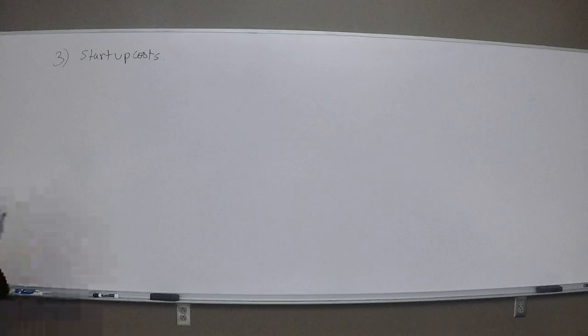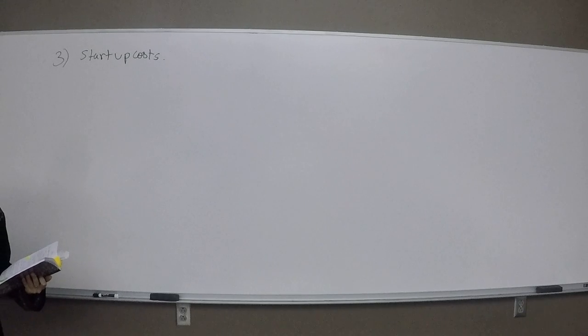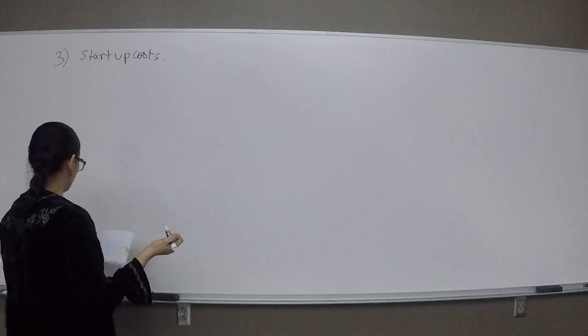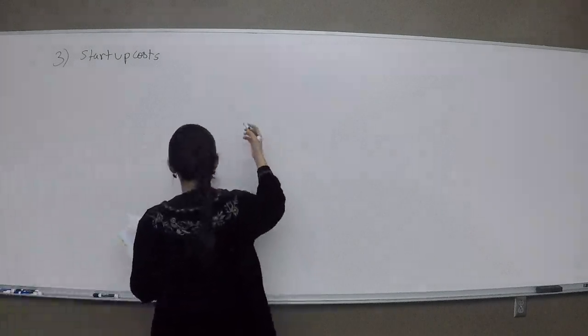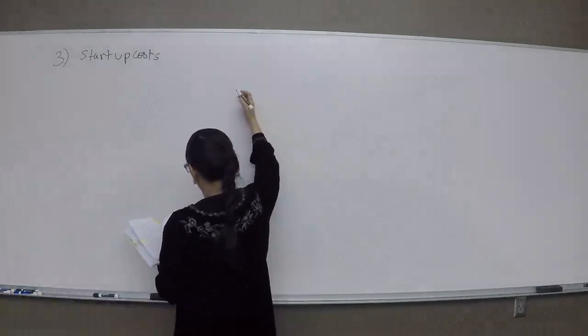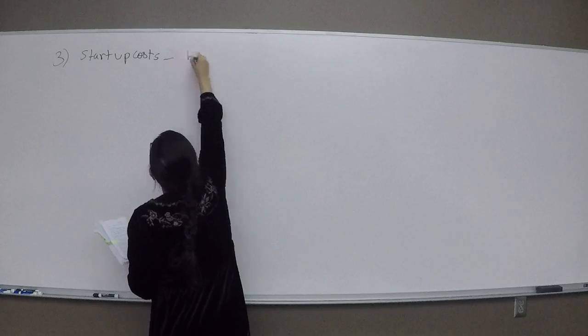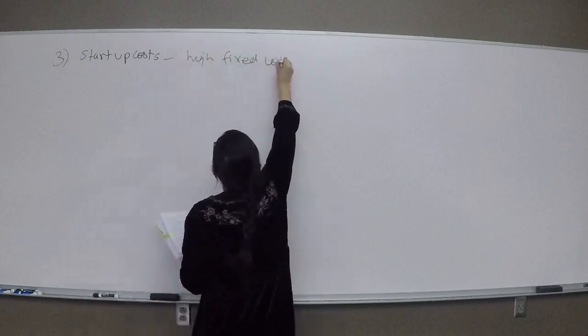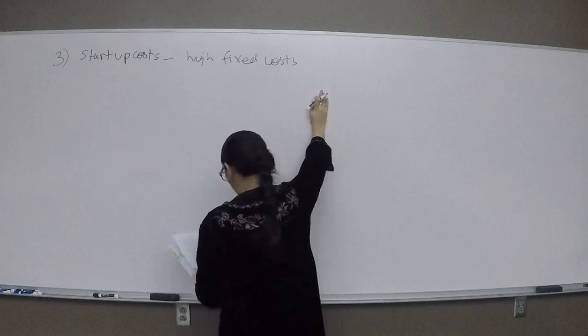So it can be a barrier to enter the industry because a lot of people may not have that kind of money or resources to set up the business. So startup costs are a barrier to entry. Startup costs are high fixed costs that you need in the beginning.